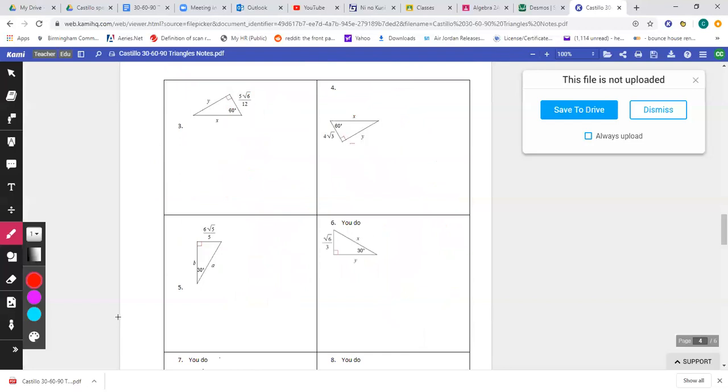First step, label what's your short, your long, and hypotenuse. So obviously these questions are not going to give you all 3 angles, but if this is 90, this is 60, this one has to be 30, right? So this is short, this is long, this is hypotenuse, okay?